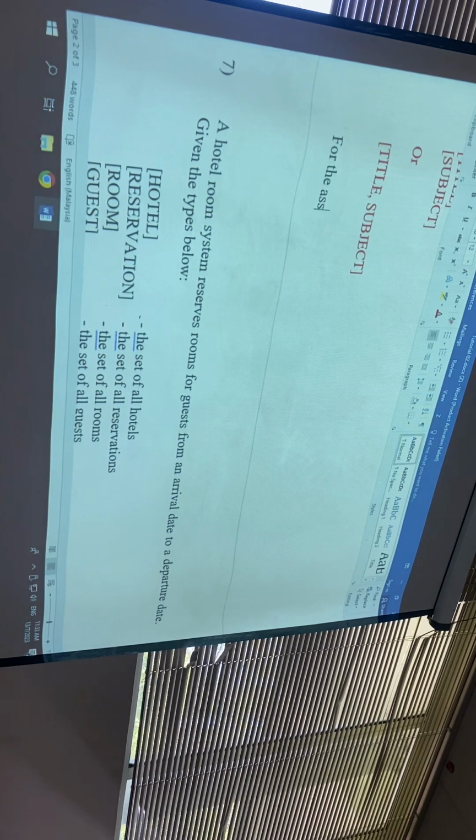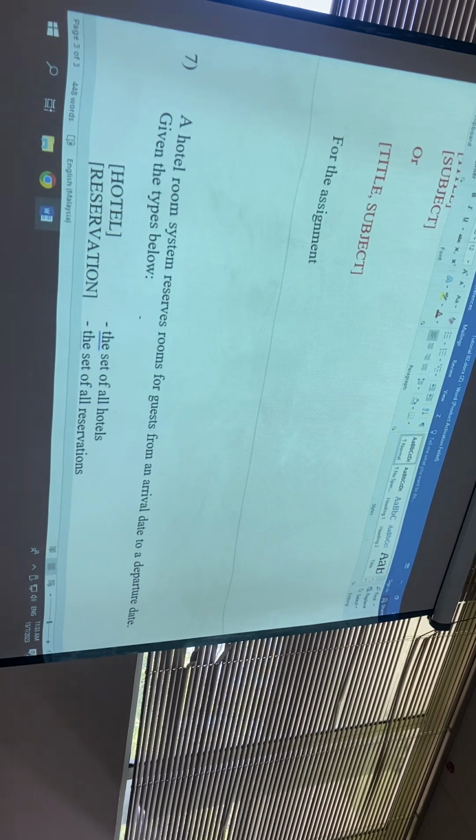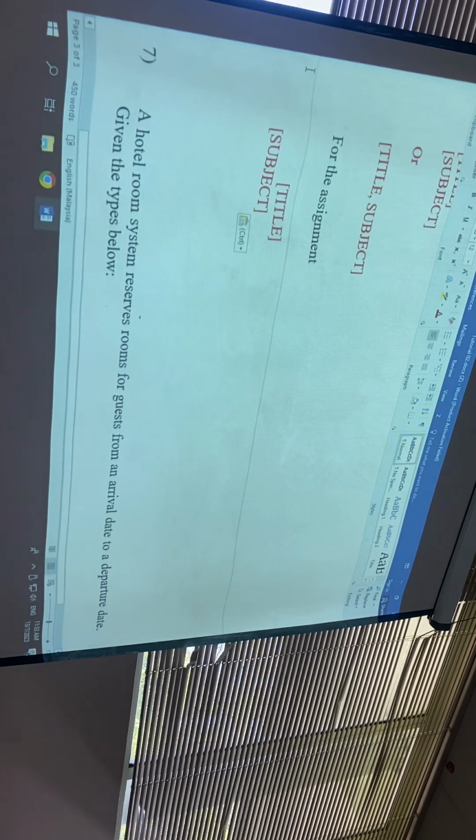Why the keyboard? I have to type one by one. Okay, so for the assignment, what I want you to do is, you do like this, then you type a description.